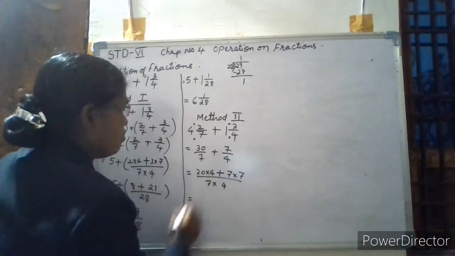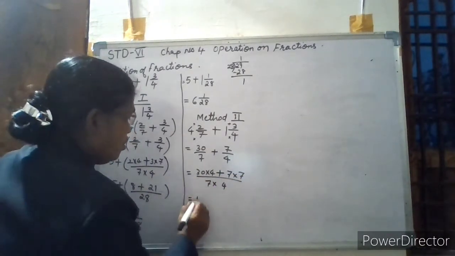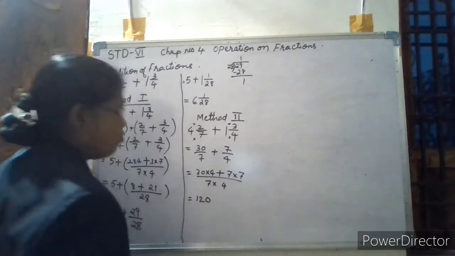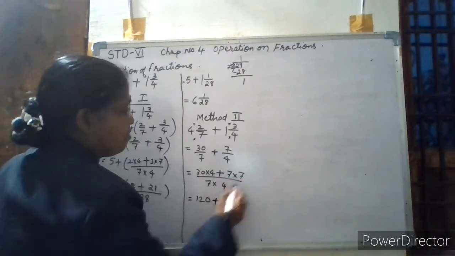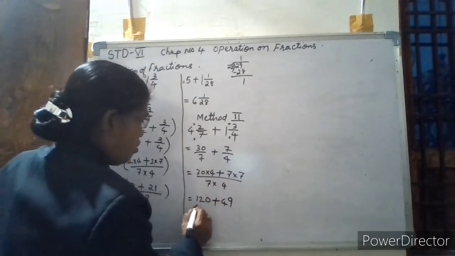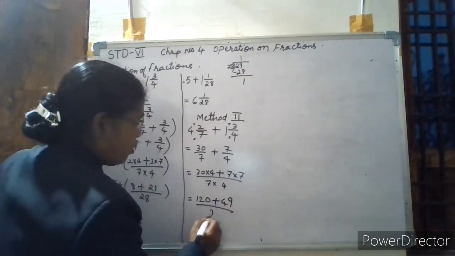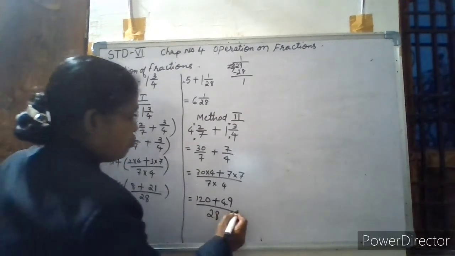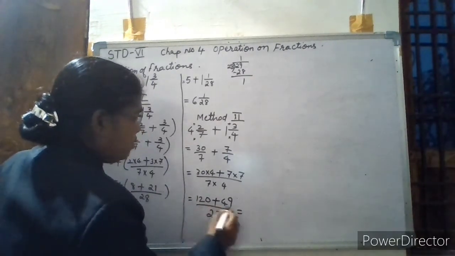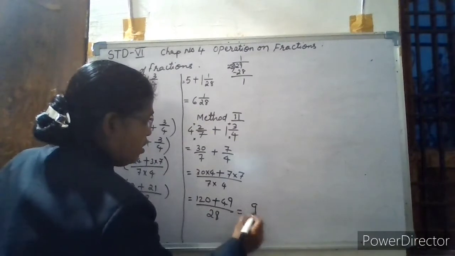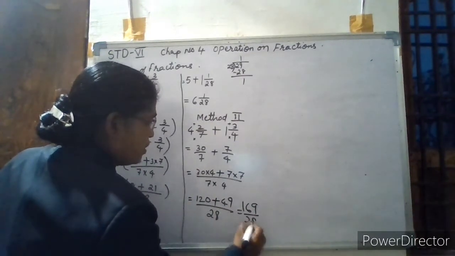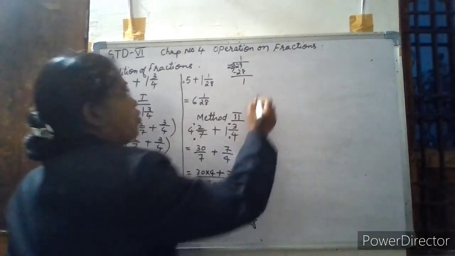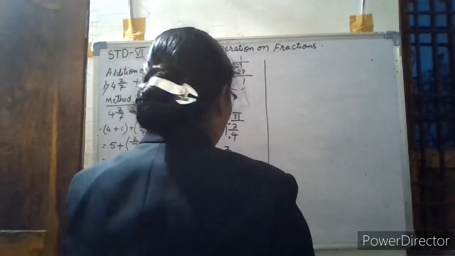So this is equal to 4 3s are 12 and this 0 put here, it is 120, plus 7 7s are 49, upon 7 4s are 28. Now add these two numbers, it is 169 by 28.